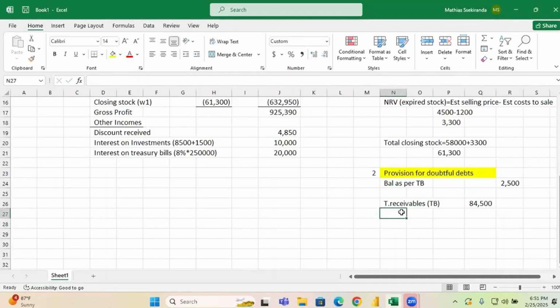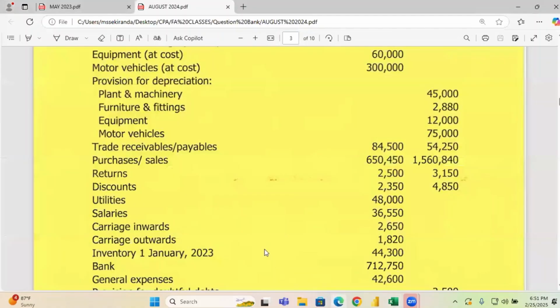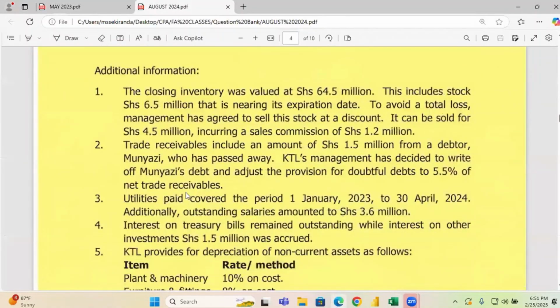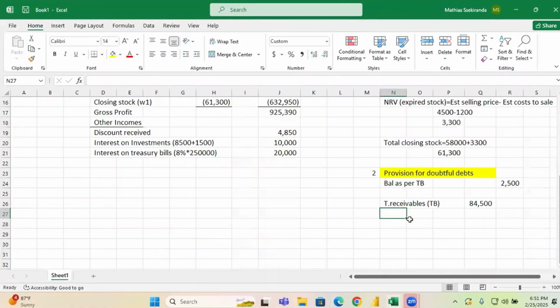Now you ask yourself, is there any receivable that has paid me money after year end? You will find some numbers in the additional information where the examiner is telling you this receivable paid money, but it was not yet considered by year end. If there is any receivable that has paid you money, you have to less it.